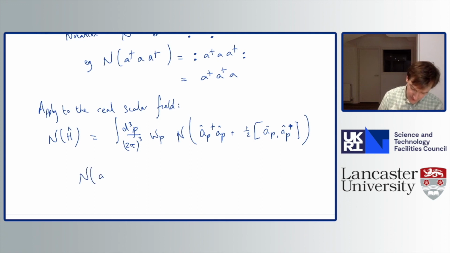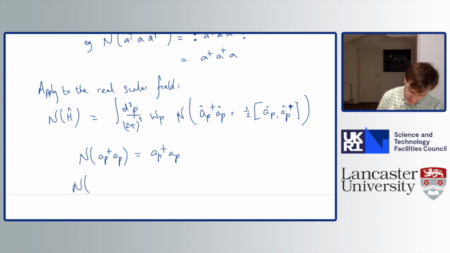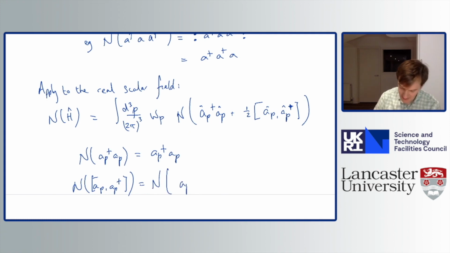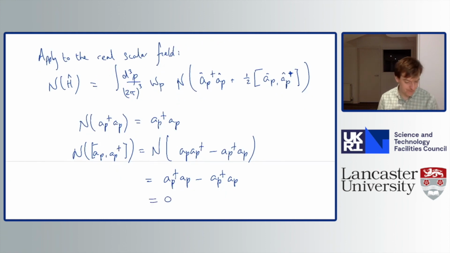So N on A_p dagger A_p leaves it unchanged because my annihilation operator is already to the right. But when I do it on this commutator, well, let's see what happens by writing out what the commutator is. So it's A_p A_p dagger minus A_p dagger A_p. So the normal ordering will move my annihilation operator to the right. So I'll get A_p dagger A_p minus A_p dagger A_p, which is 0.